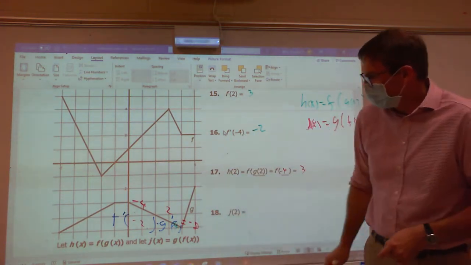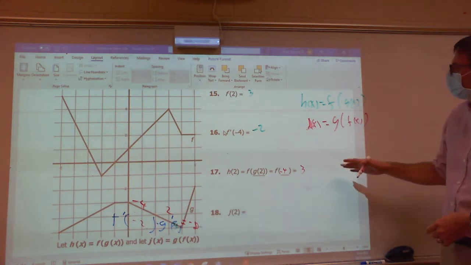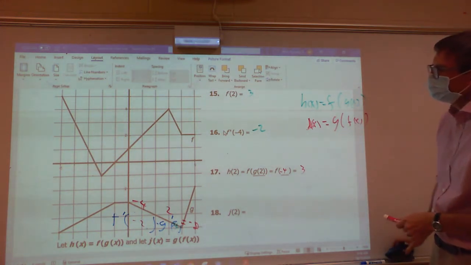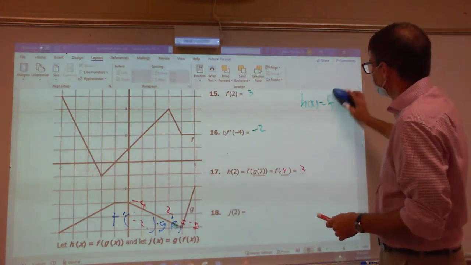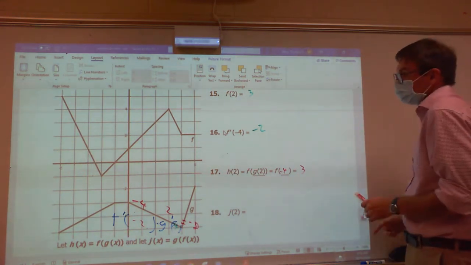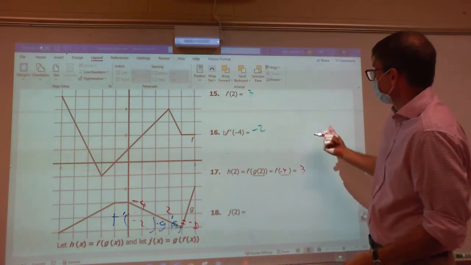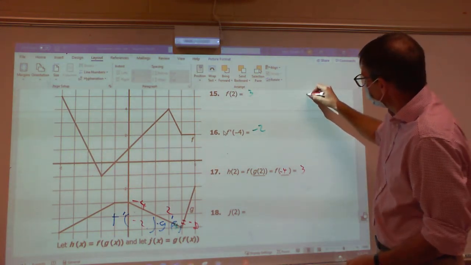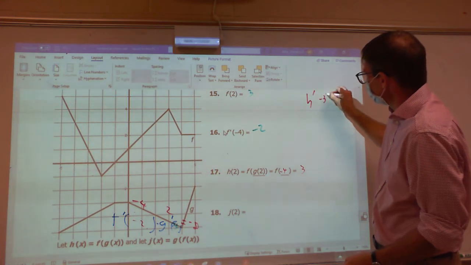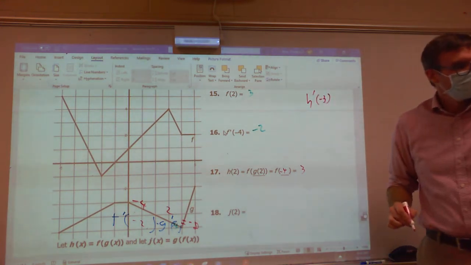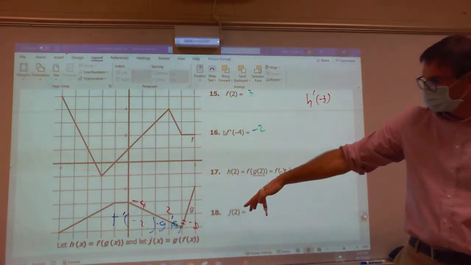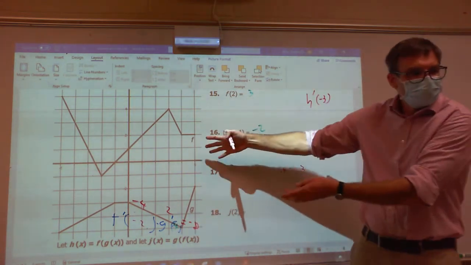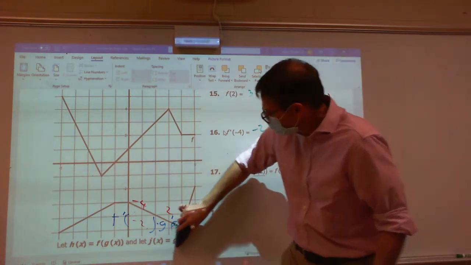Okay, all right. So now, what if I wanted to compute h prime of negative 3? That's question 19, but I need the graph to answer it.